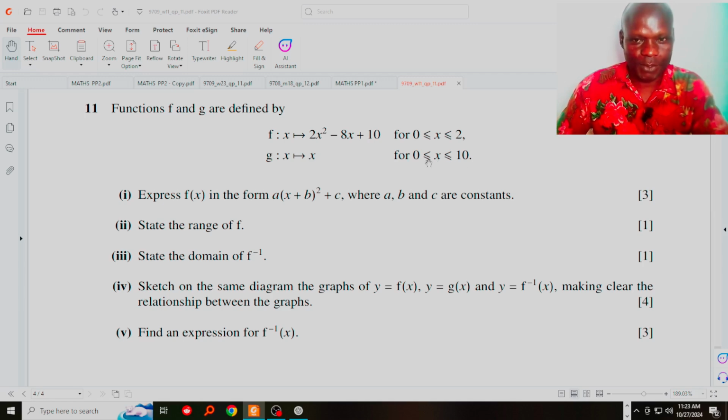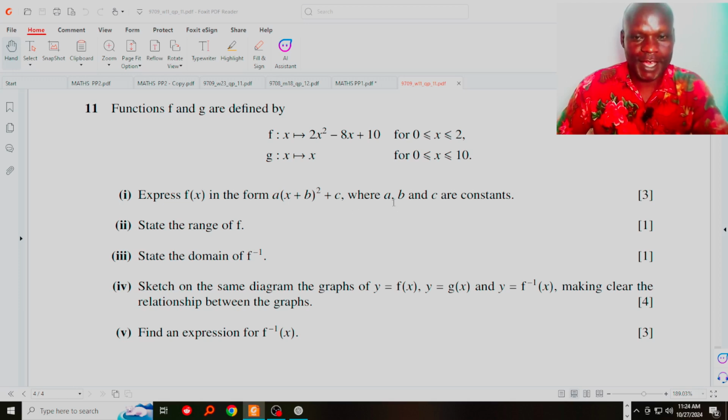I'm saying included because we see less than or equal to. Actually, x is less than or equal to 2 and x is greater than or equal to 0 for the function f, and for the function g, x is greater than or equal to 0 and x is less than or equal to 10.